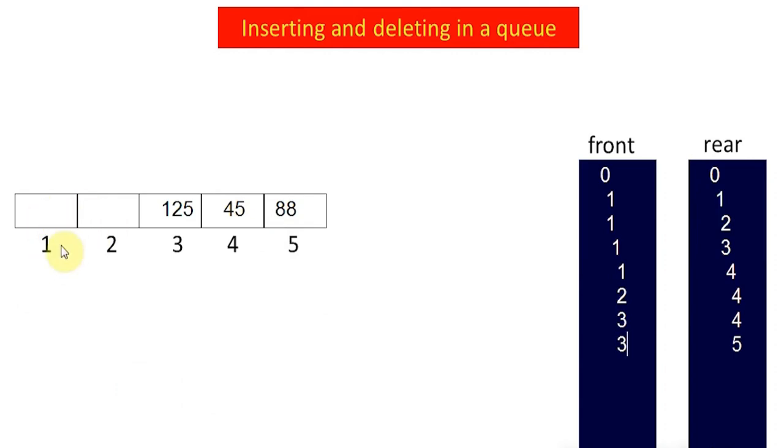So interestingly, I will make the value of rear 1 and the new element will be inserted here. So don't ever think that the value of rear should always be bigger than the value of front. It is not true. Now you can see the current scenario is that the value of front is 3 and that of rear is 1.